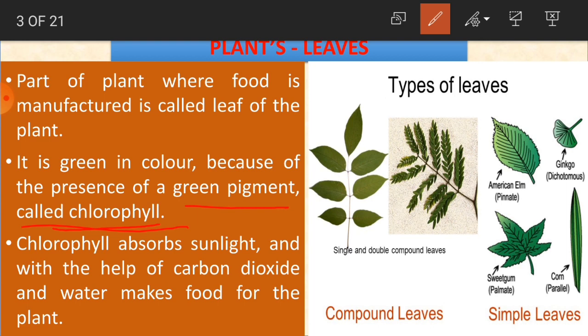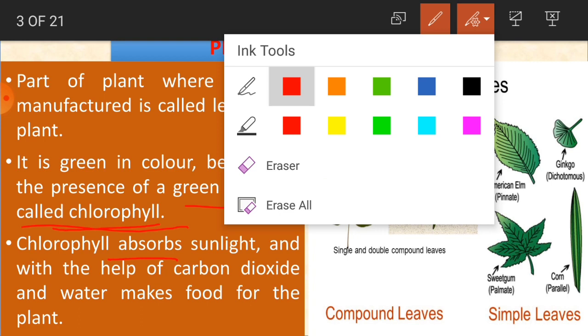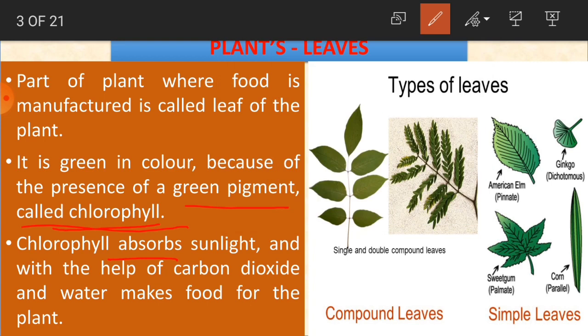Chlorophyll absorbs sunlight and takes the help of carbon dioxide and water, and it makes food for the plant. These three together, sunlight, carbon dioxide and water, make food for the plant.